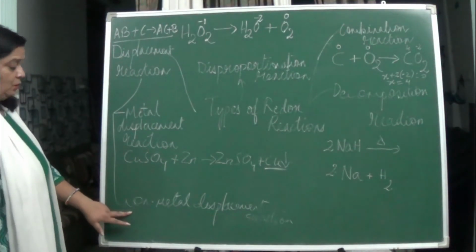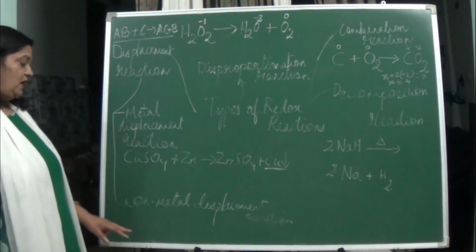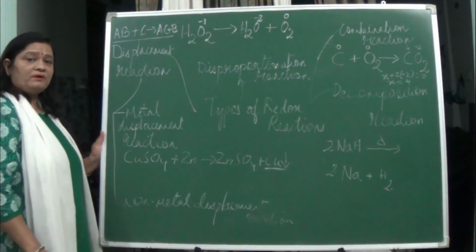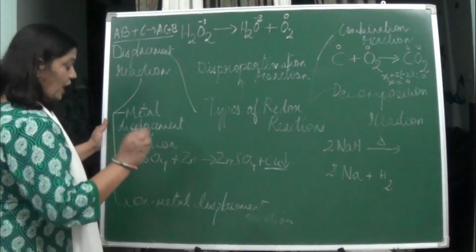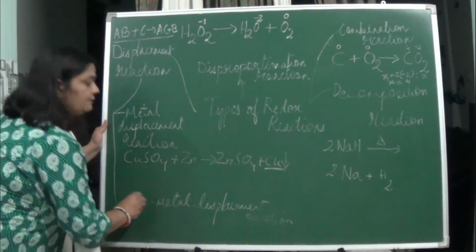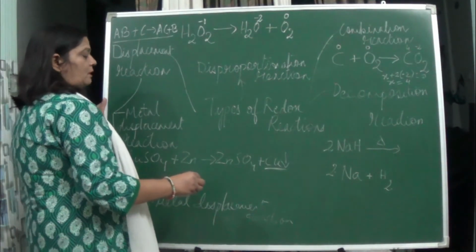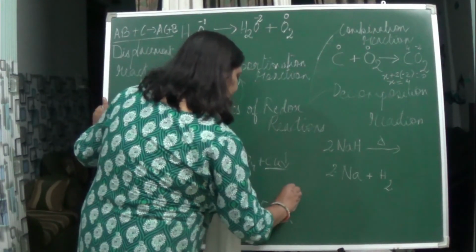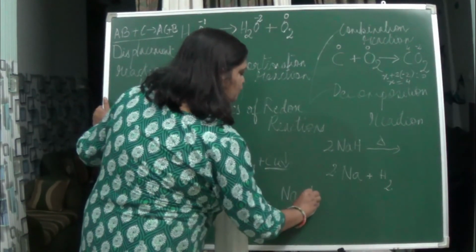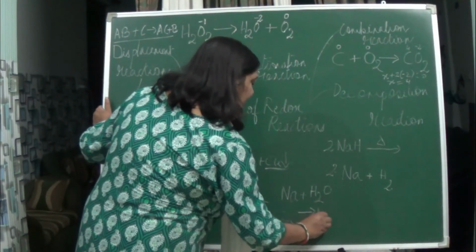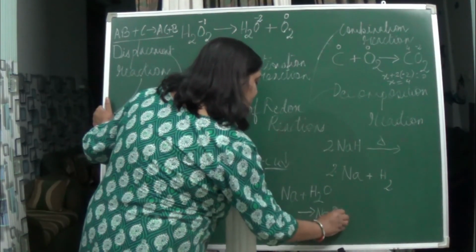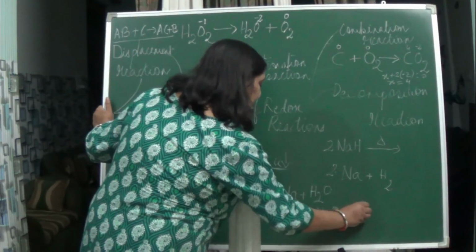Now coming to the non-metal displacement reaction. Here a metal or a non-metal displaces another non-metal. For example, if you take sodium, Na plus H2O, you will get NaOH plus H2.